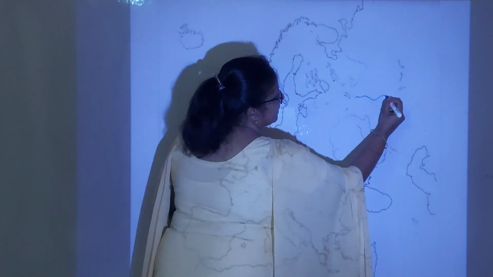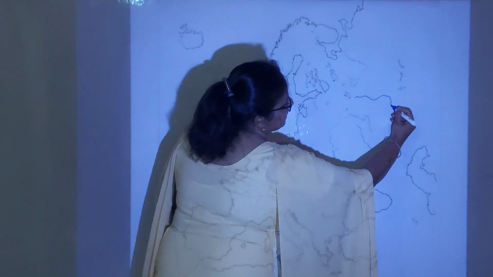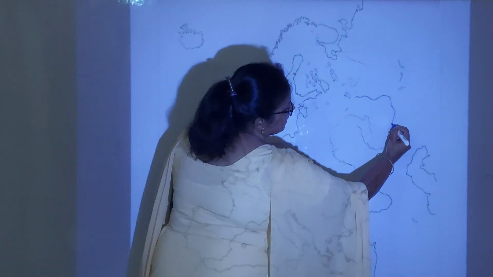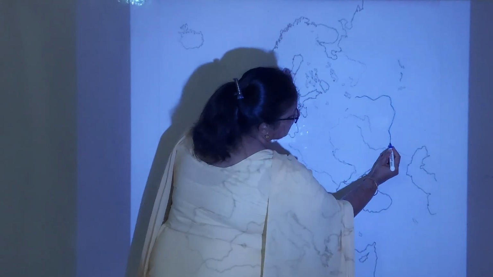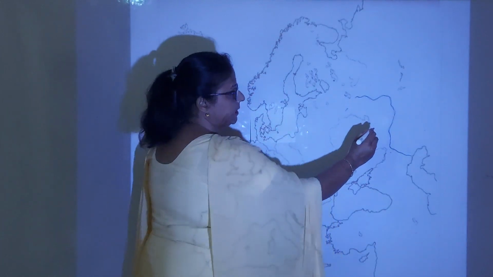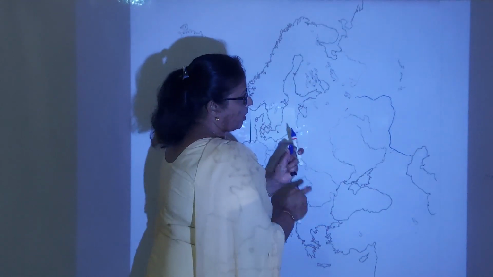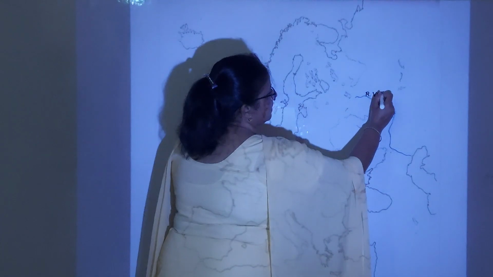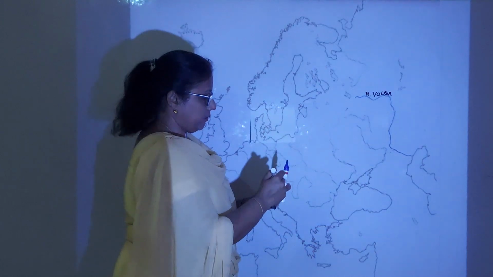Now the river Volga comes from the eastern part, moves towards the south, and it falls into the Caspian Sea. So after marking the river with a blue pen, you will write the name of the river, R full stop, in block letters with a black pen, river Volga.